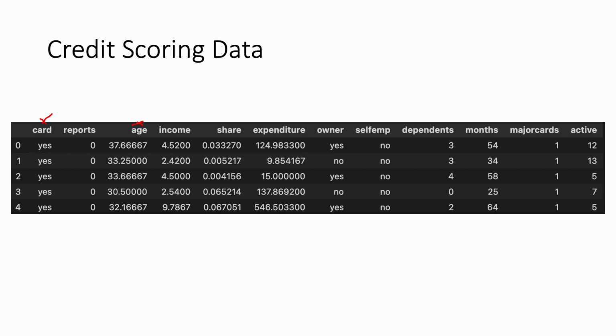And the major card column means the number of major credit cards the user has.